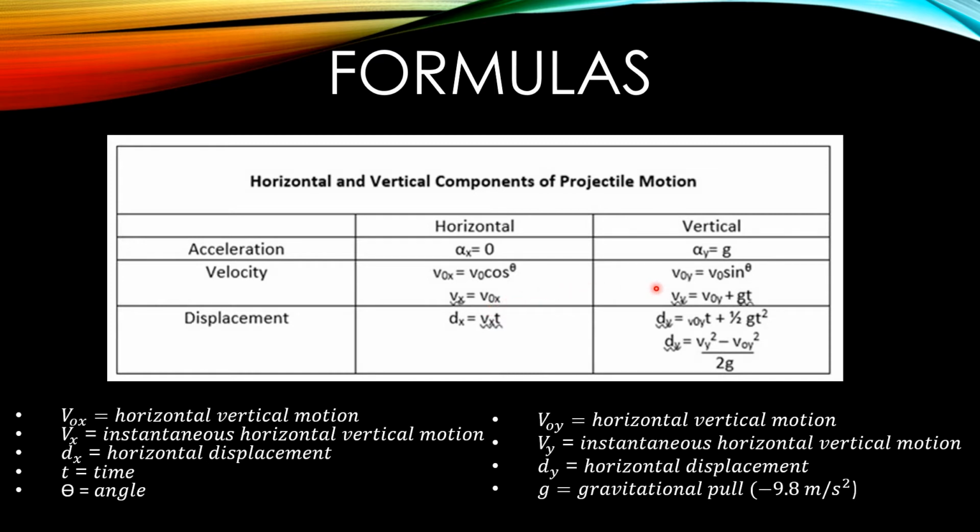Let's go now with the vertical component. Initial vertical velocity is equal to initial velocity times sine theta. For the instantaneous vertical velocity, we have the formula Vy is equal to initial vertical velocity plus the gravitational pull times time.